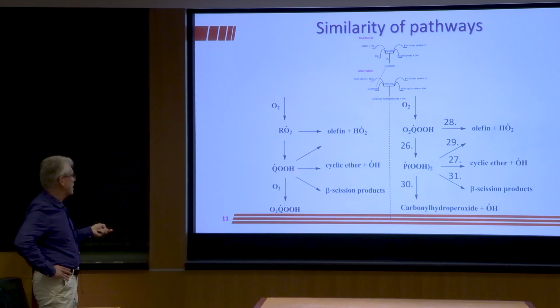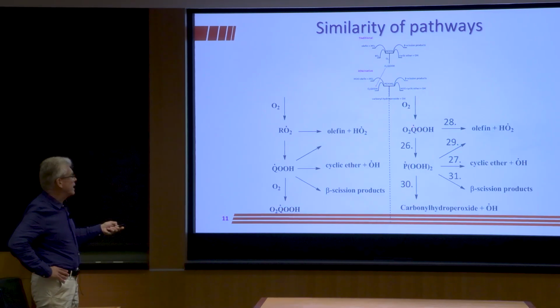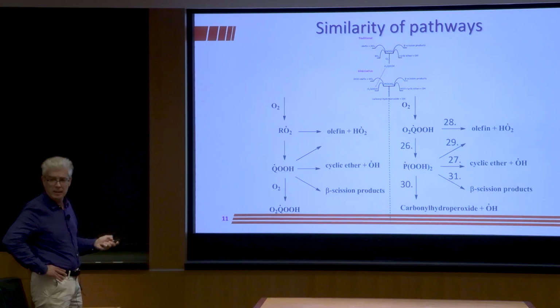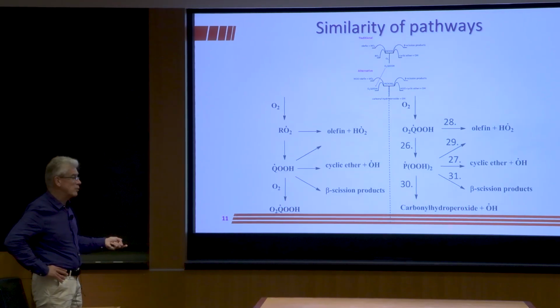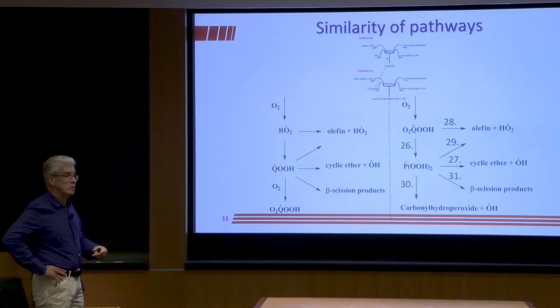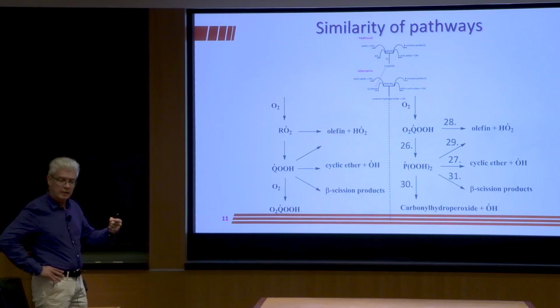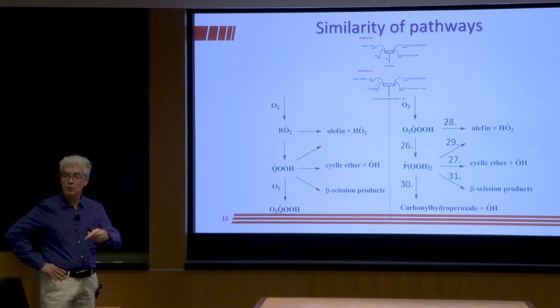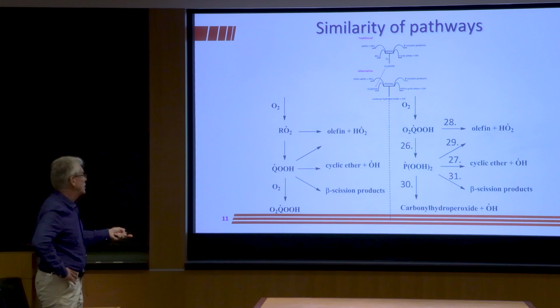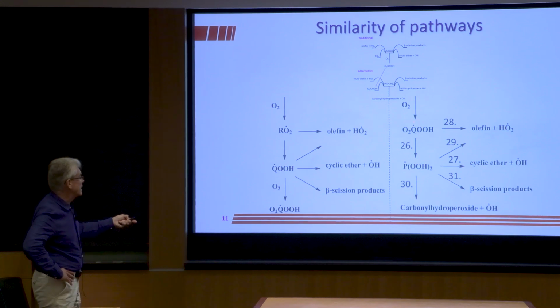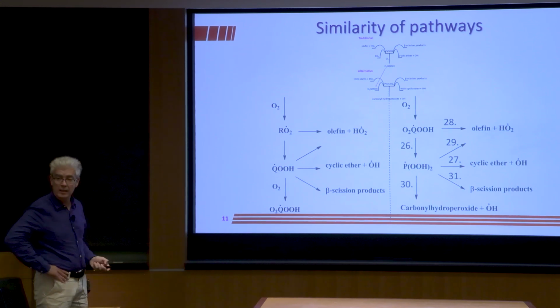Or it can isomerize to hydroperoxy alkyl radical and then go on to branching. Well, in our previous mechanism, all we had then was the O2QOH going to, well, we didn't even write this radical, and then it went directly to carbonyl hydroperoxide plus OH. And then the carbonyl hydroperoxide decomposed to a carbonyl alkoxy radical plus OH. Is that all right? So this wasn't present in the mechanism, and we just had the system going directly here.